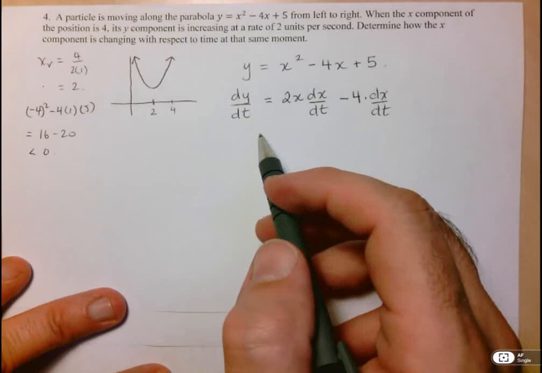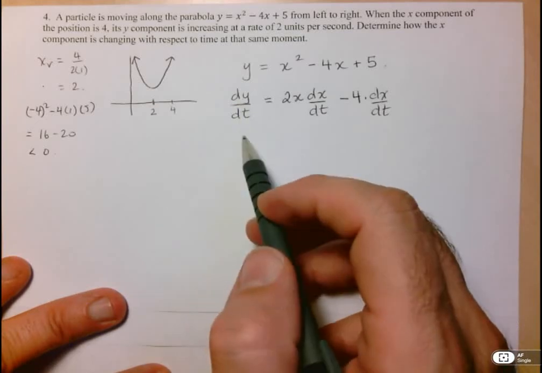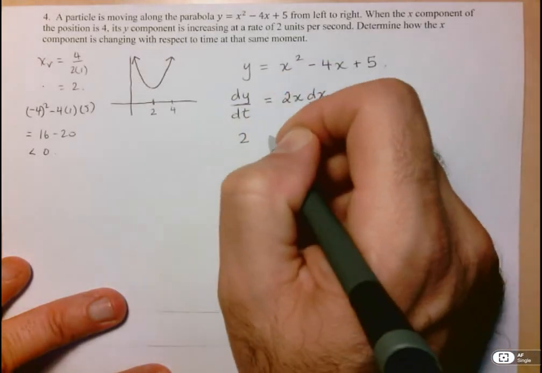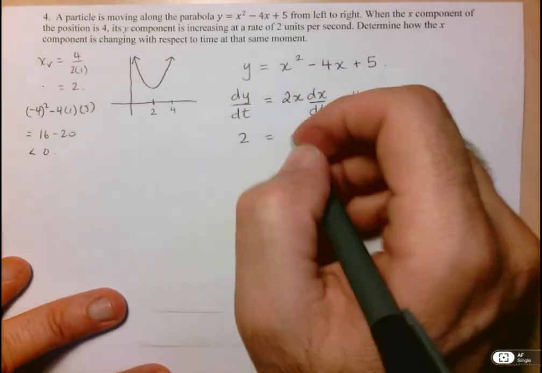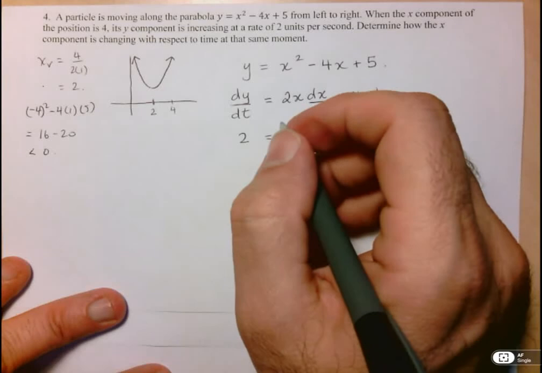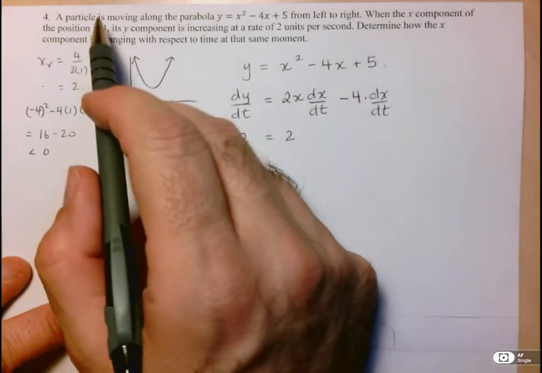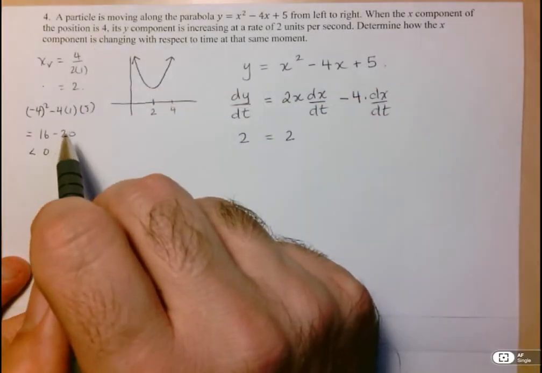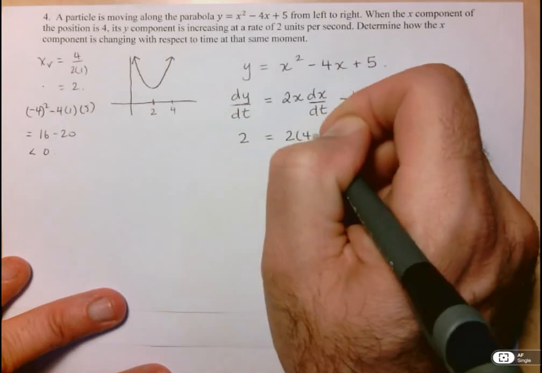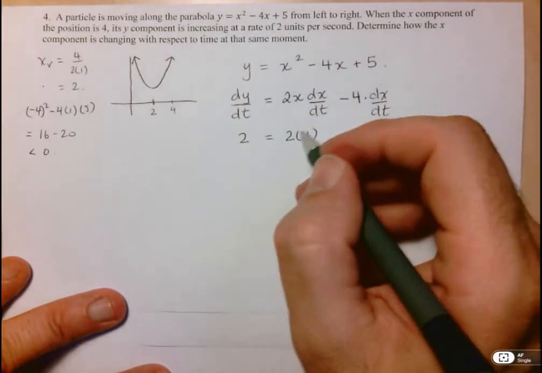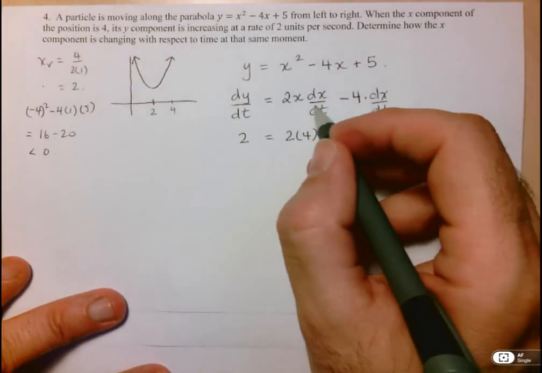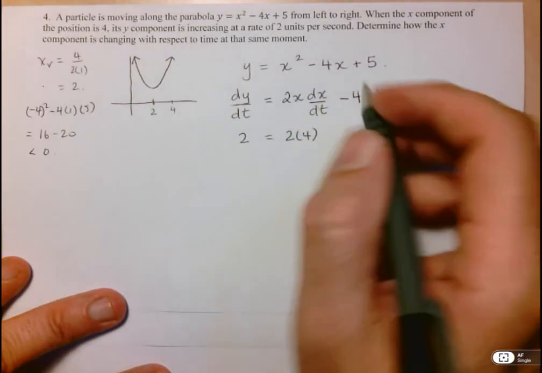Let me plug in what I know. I'm told that dy/dt is 2 units per second. Here we've got the specific moment at which we want the rate of change, so x is equal to 4, so 2 times 4. In this step, I might as well factor out the dx/dt.